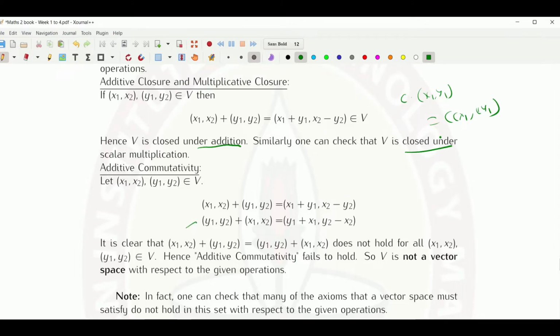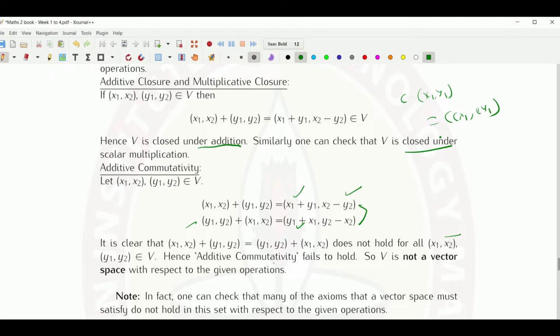In the second step, we get y1 plus x1, which is equal to x1 plus y1, but here we get y2 minus x2, which is not equal to x2 minus y2. So this is different. It is clear that x1 x2 plus y1 y2 equal to y1 y2 plus x1 x2 does not hold for all x1 x2 and y1 y2 belonging to V.